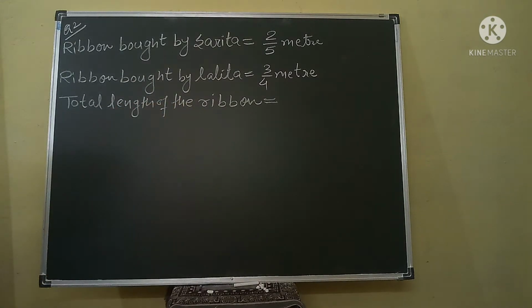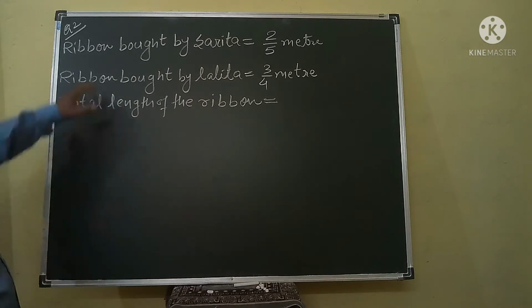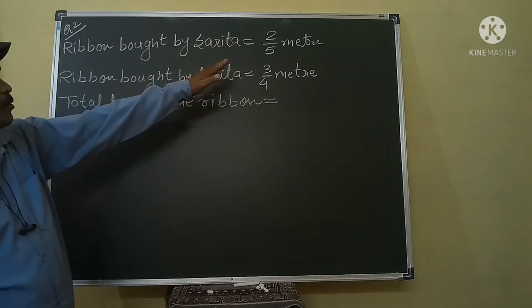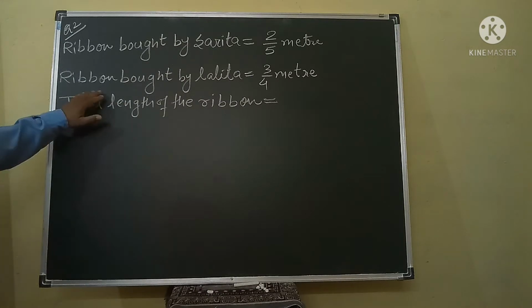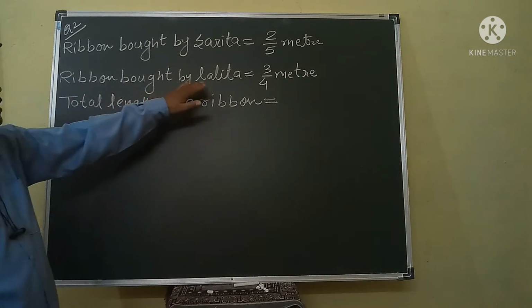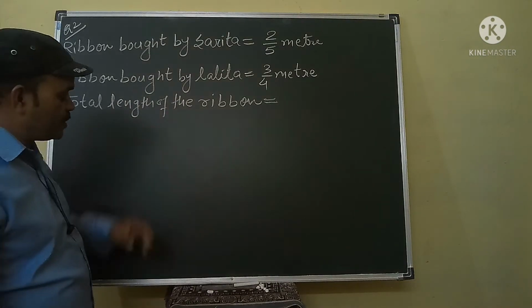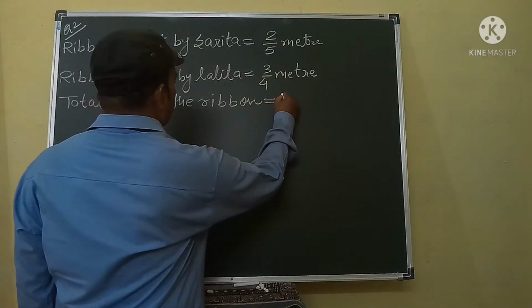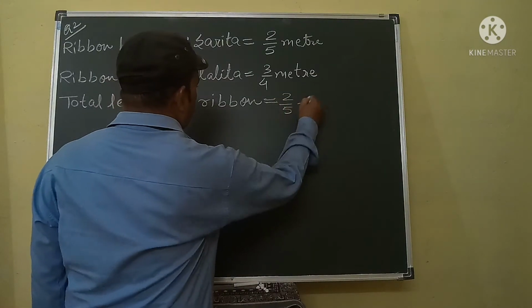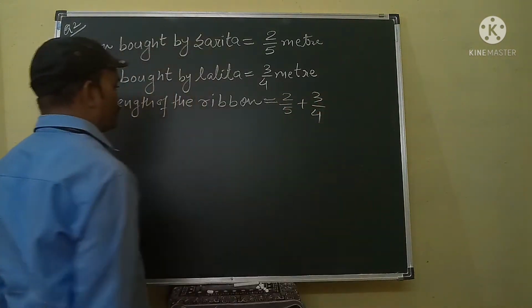So what we will do? Ribbon bought by Sarita is 2 upon 5 meter, and ribbon bought by Lalita is 3 upon 4 meter. So what will you do? Total length of the ribbon will be 2 upon 5 plus 3 upon 4.